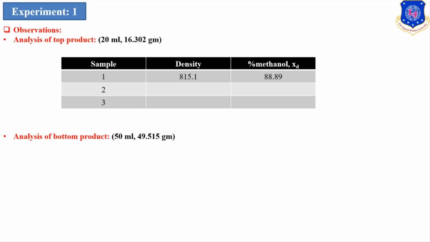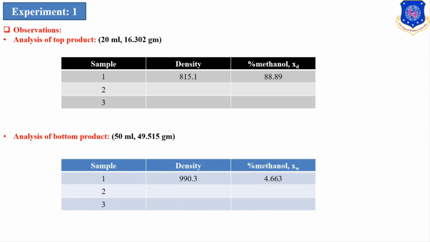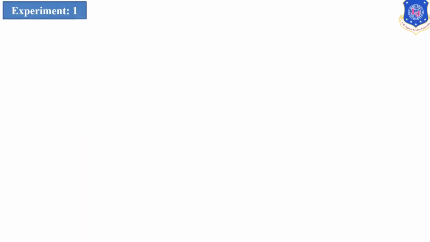And similarly we can do the analysis of the bottom product. So it was 50 ml and the weight was 49.515 gram, and so the density of the bottom product will be 990.3 kg per meter cube, and in that portion the methanol percentage will be 4.663, that is the XW.